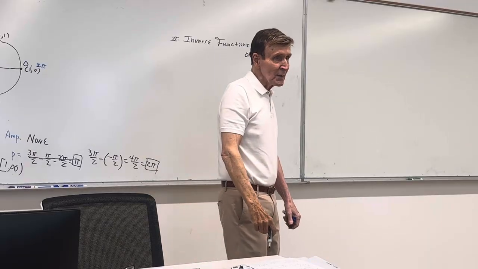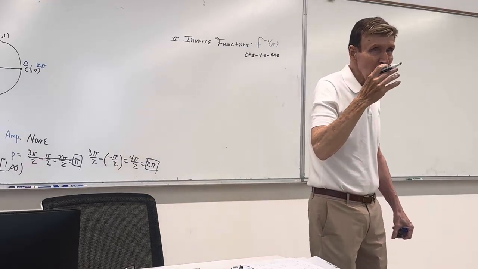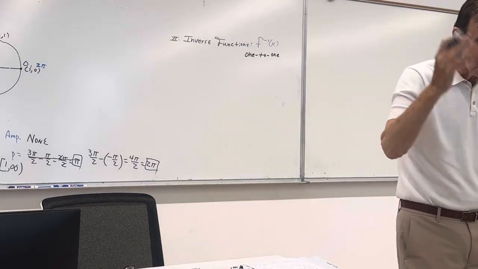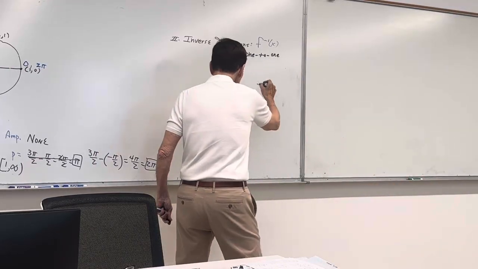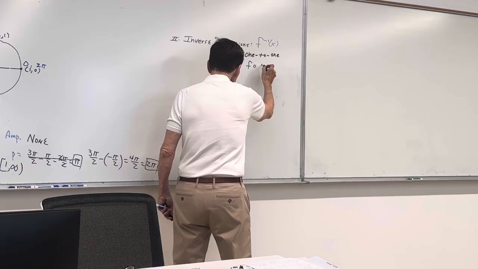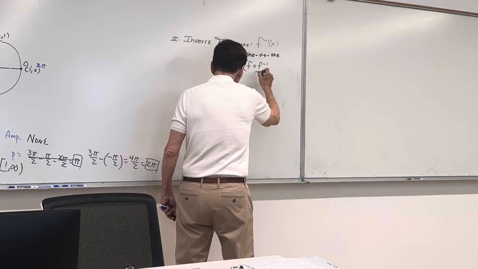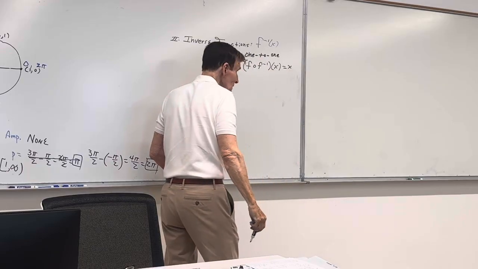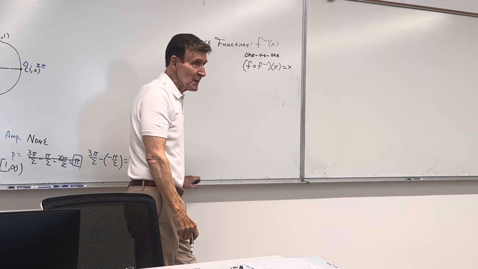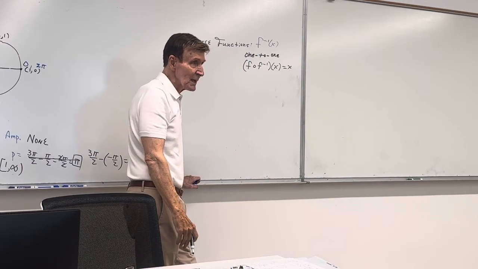Can you remind me of anything else that we know about an inverse right now? Composite, thank you. If I do a composite, which I've asked you to do on a quiz or an exam, with respect to x, you had better get x. That's like a check. Something else that someone recalls about inverses?